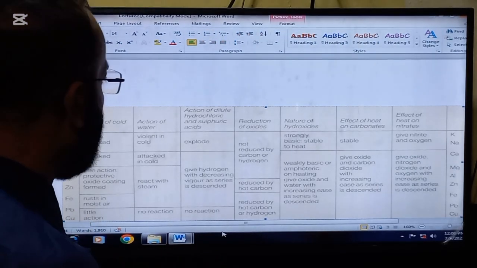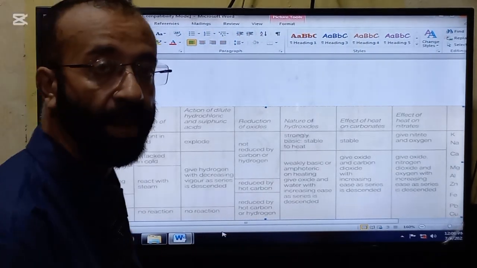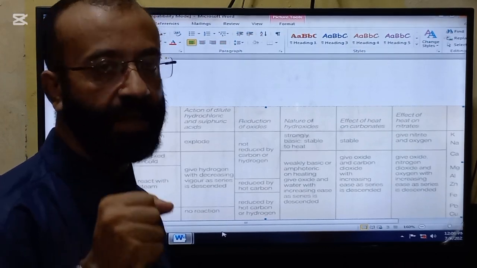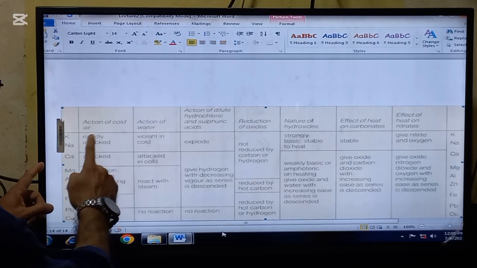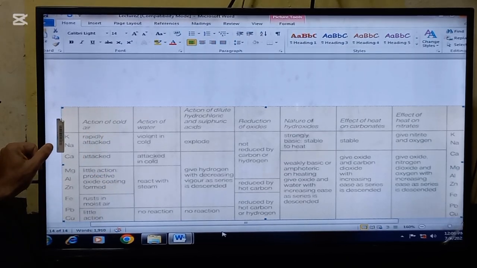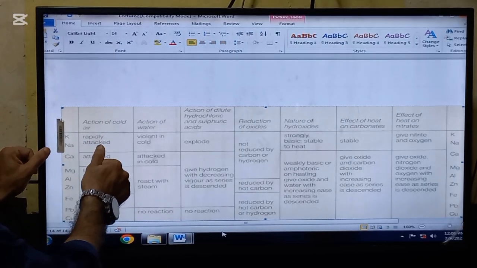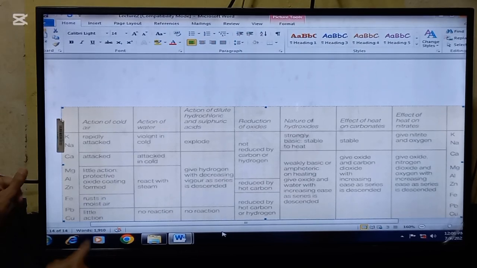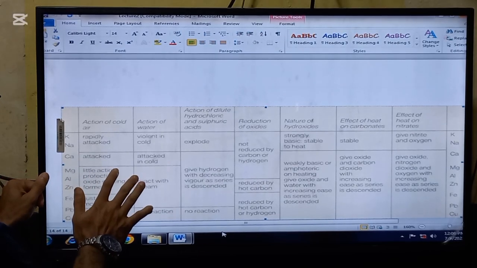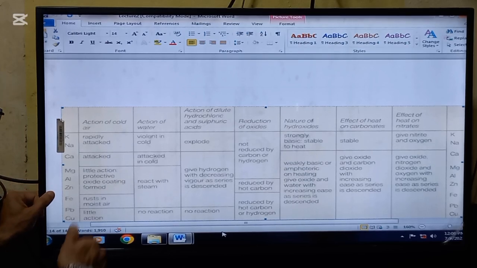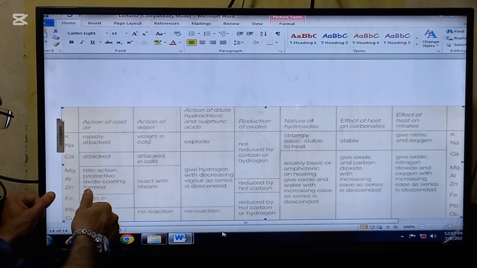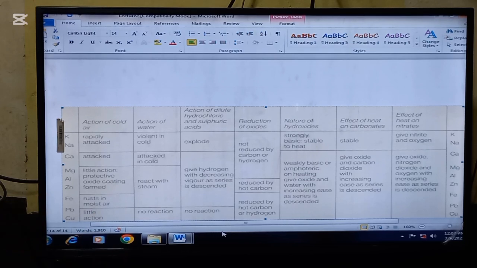And finally, we are going to read a very important table that summarizes the whole lecture. So look now. Action of cold air: potassium and sodium are rapidly attacked. Calcium is attacked. So the reactivity goes less down this series. Then magnesium, aluminium, and zinc: little action, protective oxide coating formed.